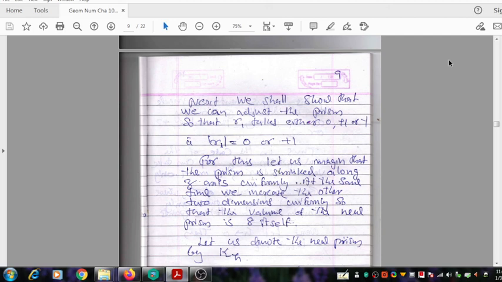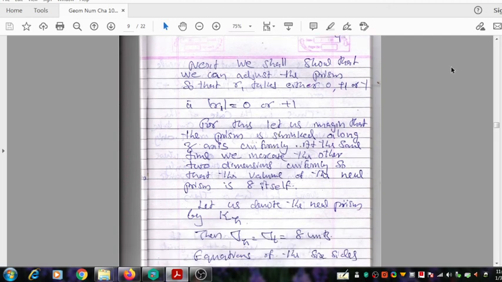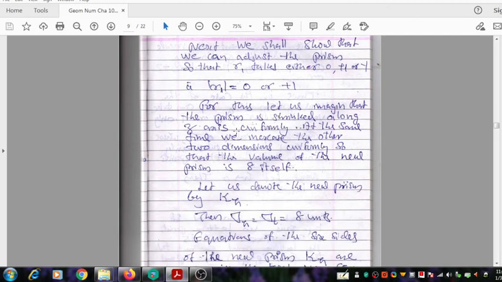So for this, let us imagine that the prism is shrinked. How do we do that? That is explained here. For adjusting the sides of the prism, we imagine that the prism is shrinked along the z-axis uniformly.